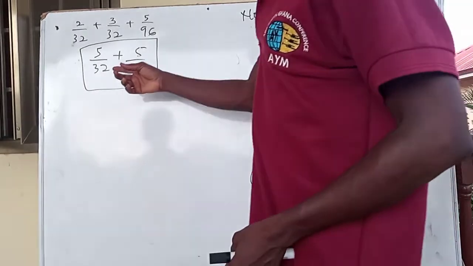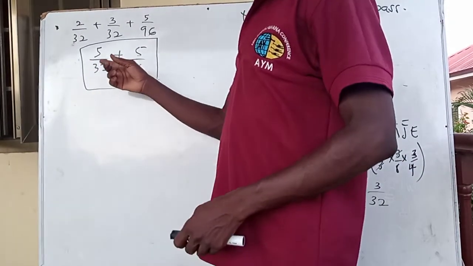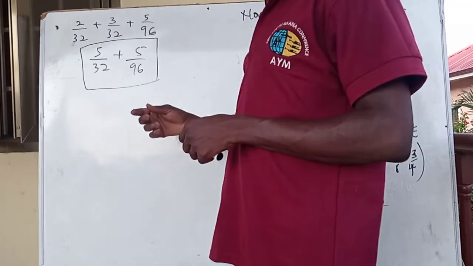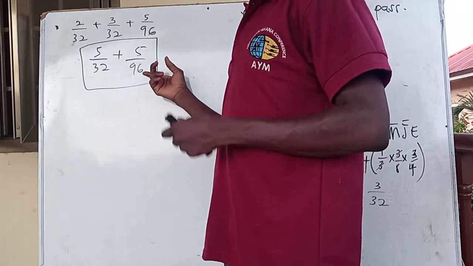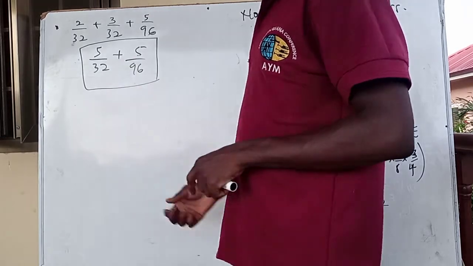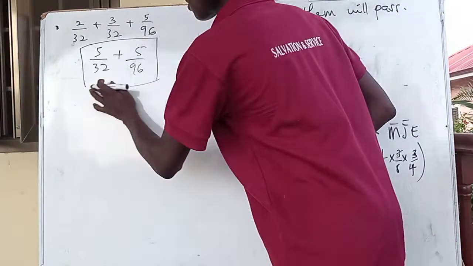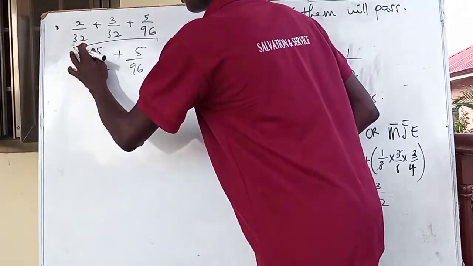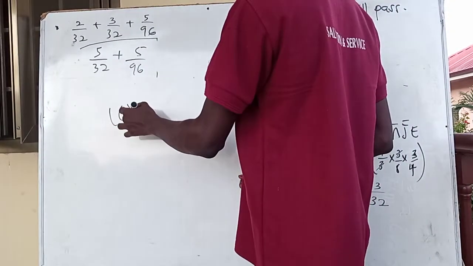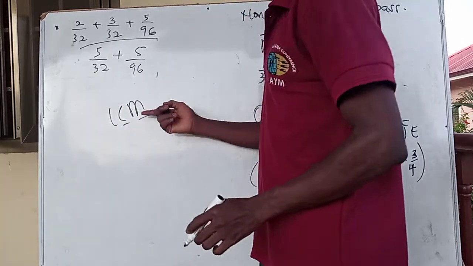Okay, so 5 over 32 and 5 over 96. You ask yourself, what is the LCM? The LCM is the lowest common multiple.